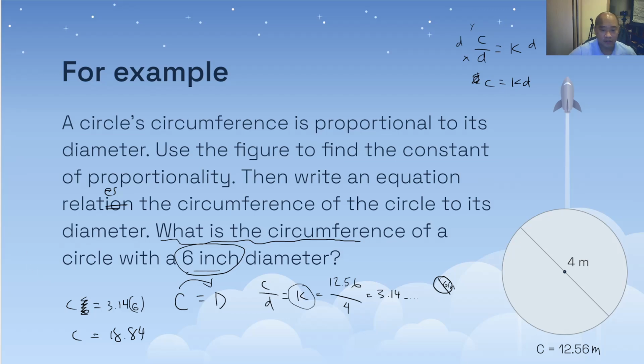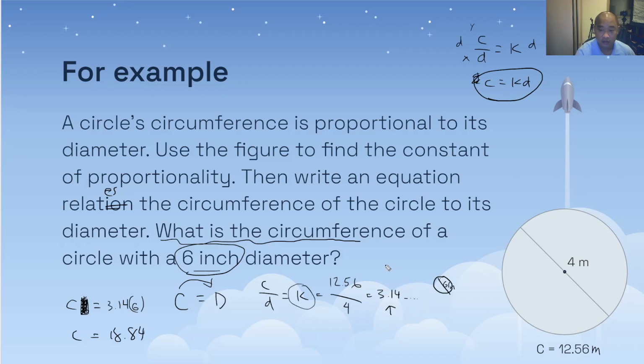Okay, so I hope I did not confuse you there. When I'm writing this equation, I wanted to find the circumference. So that was the C, which we found over here, right? Circumference equals 3.14, which is our constant of proportionality, which we solved right here.